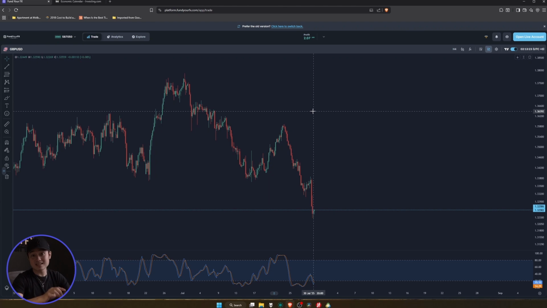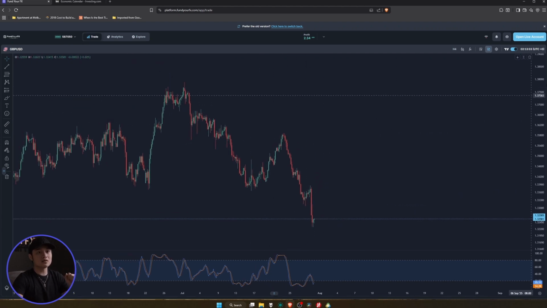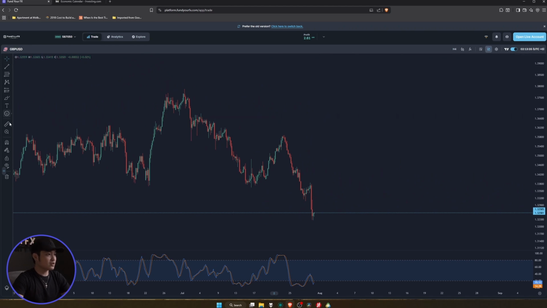So what is the best pair to trade in today's daily outlook? Let's check out the pound dollar. The pound dollar has already moved into bearish momentum. Here is the bearish structure, right here.